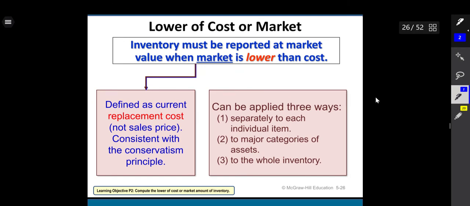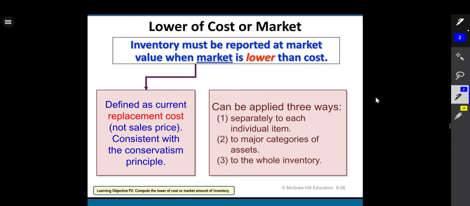And what this reflects is the conservatism principle in accounting. We do not want to overstate anything. In fact, we'd rather understate it if possible. But what we want to do is say, okay, we look at the value of our inventory and compare it to the market. And if the market is lower, then we adjust our inventory value to reflect that. So we can do this one of three ways.